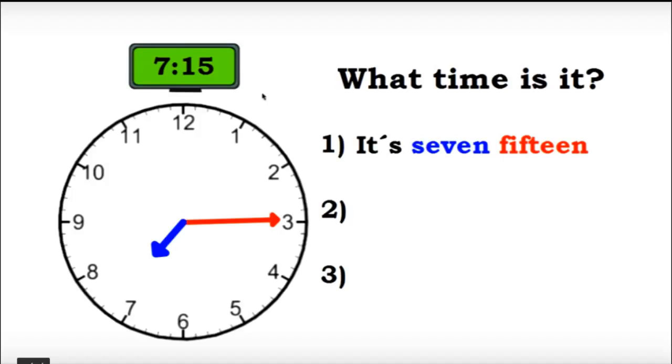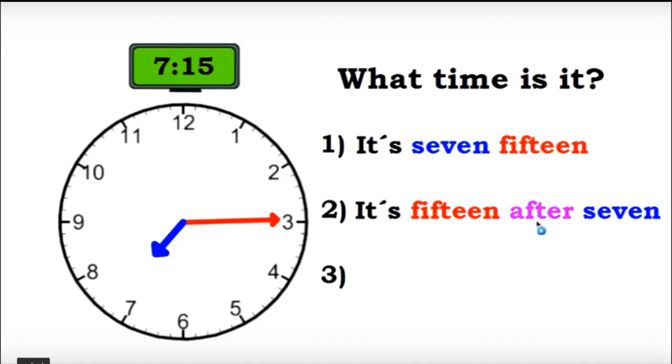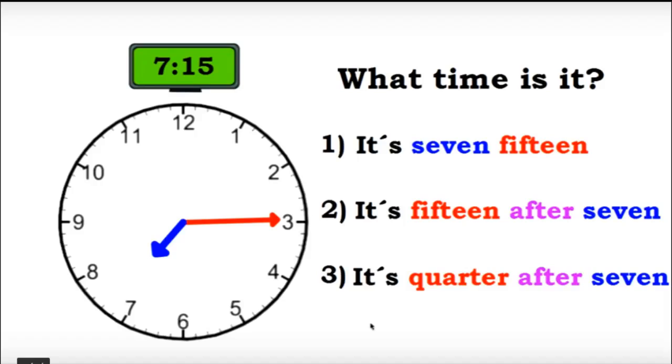Or we can talk about the minutes first and say it's 15 after 7. And when we use 15, we can use another word. It's quarter after 7, or it's a quarter after 7. Very good.